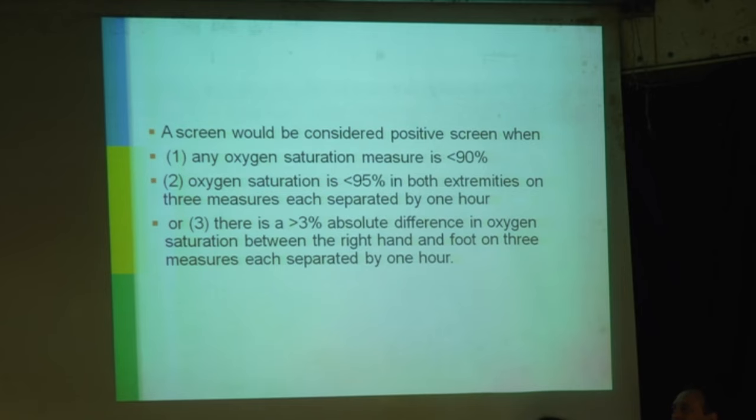A screen will be considered positive when the SpO2 value is less than 90%, or oxygen saturation is less than 95% in both extremities on 3 measures, each separated by 1 hour, or there is more than a 3% difference in oxygen saturation between the right hand and the right foot on 3 measures, generally separated by 1 hour.